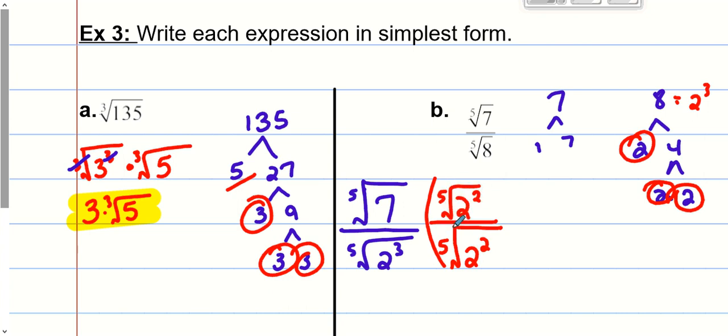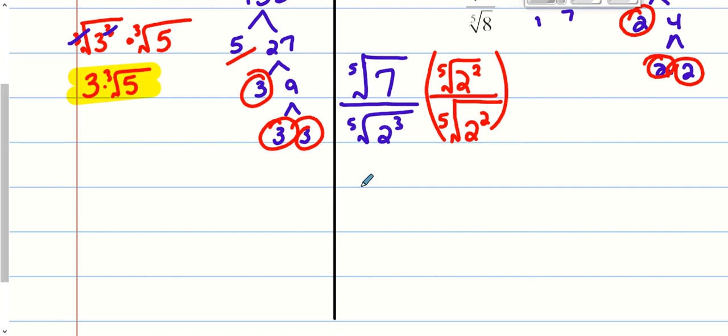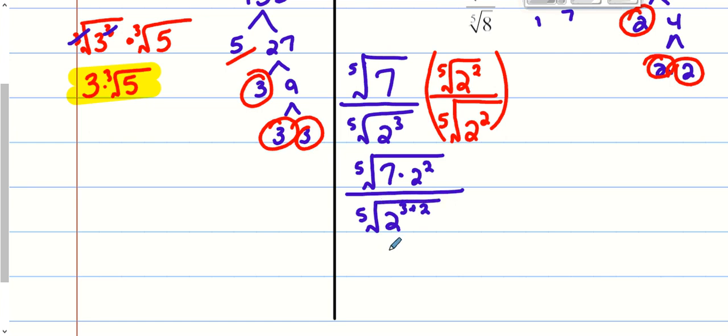So now I have to multiply the top by the 5th root of 2 squared also. So multiplying that out, I have on the top the 5th root of 7 times 2 squared, over the 5th root of 2 cubed times 2 squared, that's going to be 3 plus 2, because I can add those exponents.